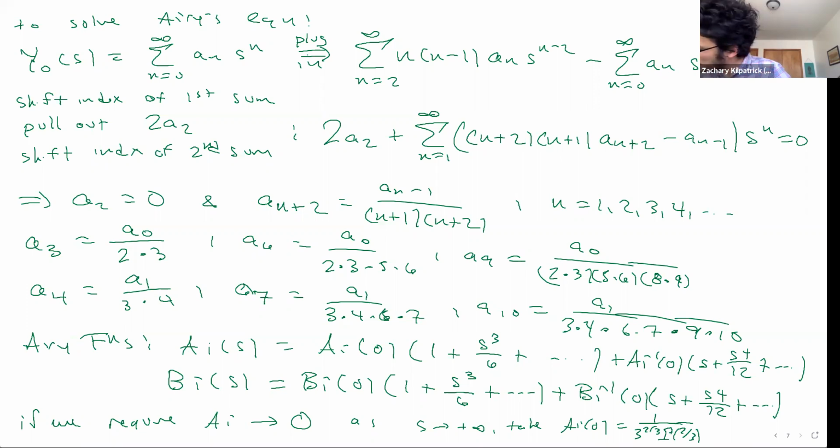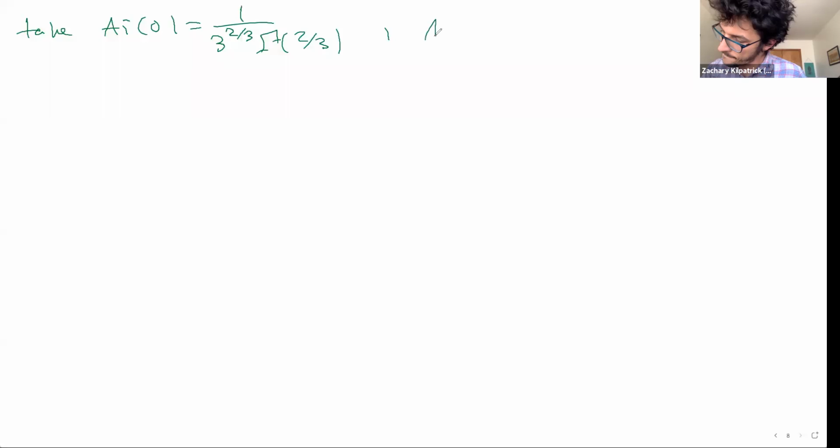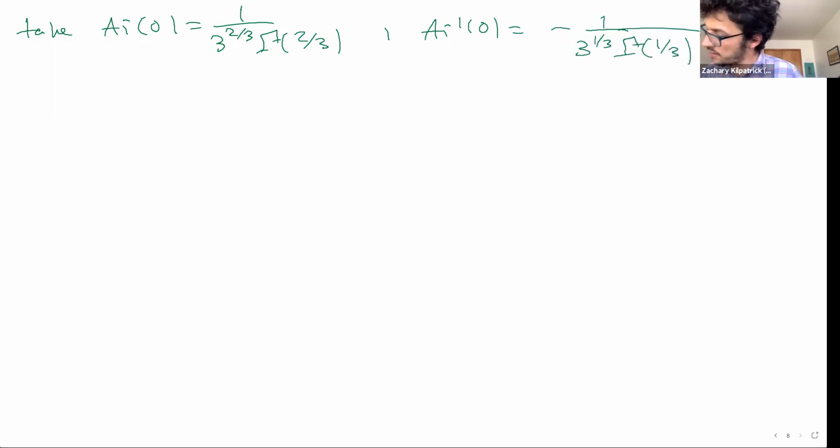And I'm running out of space here. And then Ai prime of 0 needs to equal minus 1 over 3 to the 1/3 times the gamma function of 1/3.